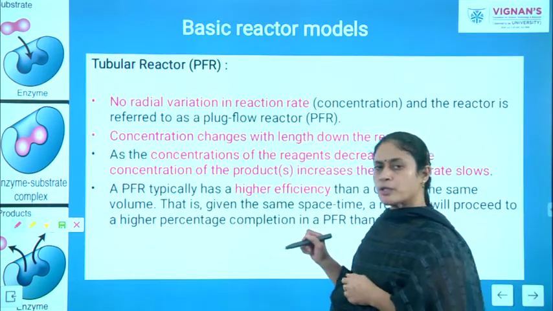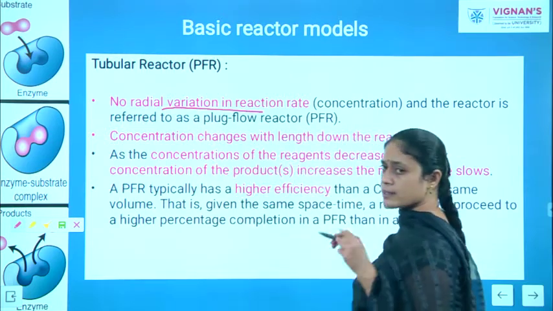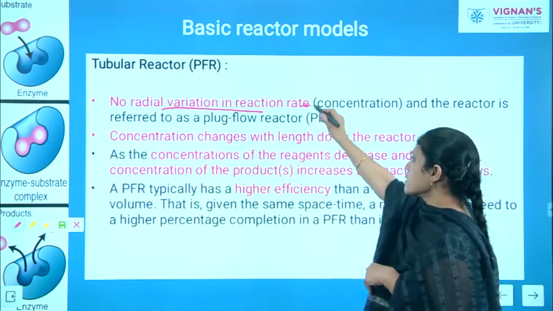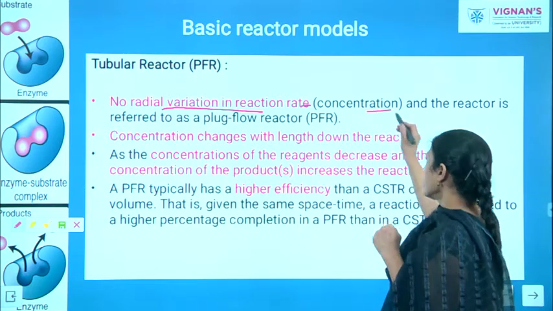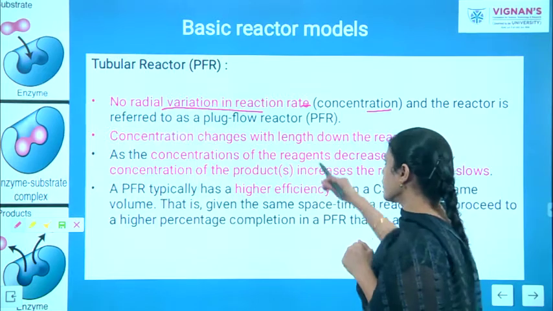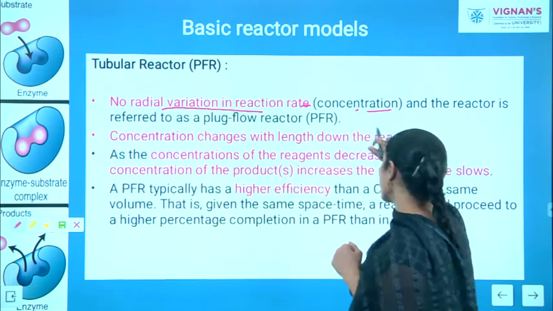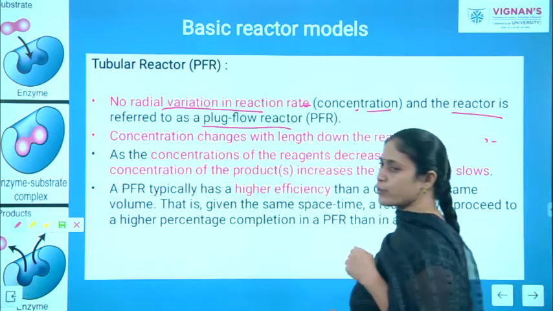In a plug flow reactor, there is no radial variation in the reaction rate. That means there won't be any variation in the concentration of your substrate. So, no radial variation in the reaction rate, that is, the concentration, and the reactor is referred to as a plug flow reactor.